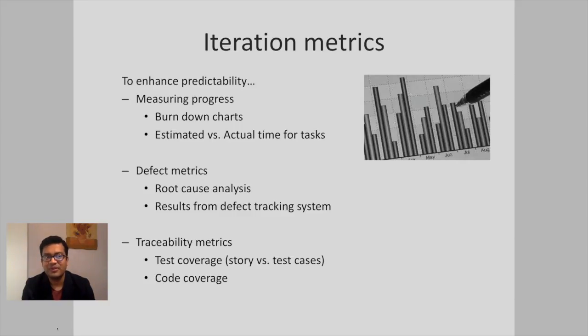There are two kinds of defect metrics which would be considered good: how many defects were raised by the testing team, and how many of those defects actually held valid and were not rejected by the development team.